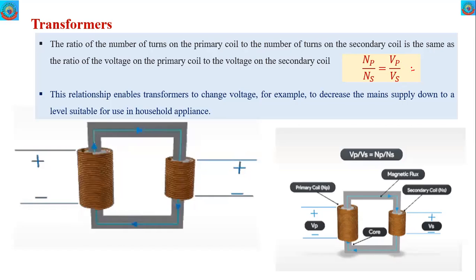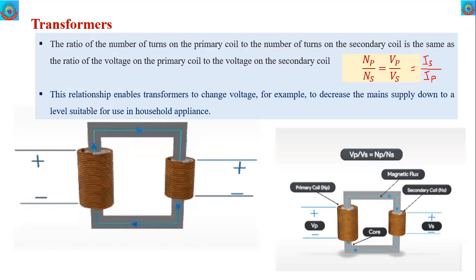This is also equal to the current in the secondary over the current in the primary, and we can add this as well. Generally this equation is called the transformer equation.